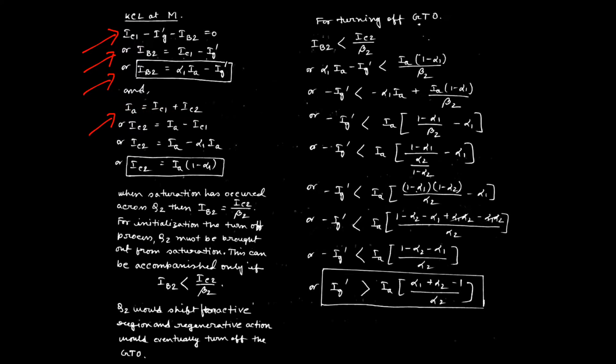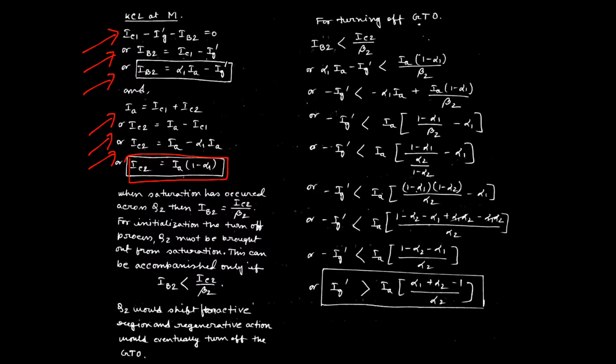After simplification, IC2 equal to IA minus IC1. That means IC2 equal to IA minus alpha 1 IA, that is IC2 equal to IA into 1 minus alpha 1.